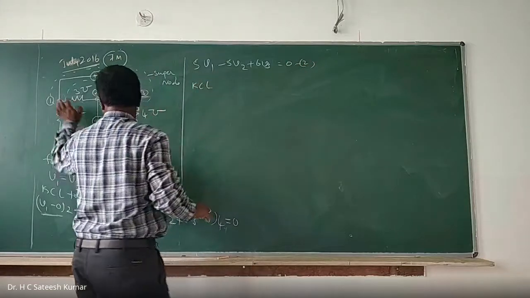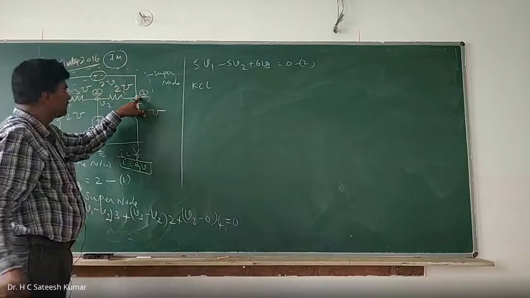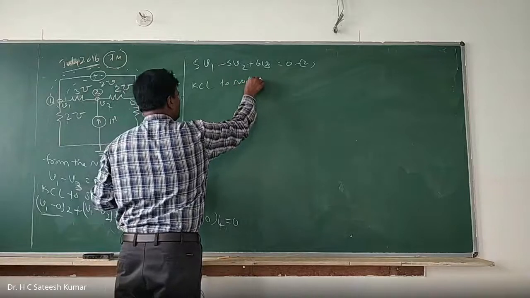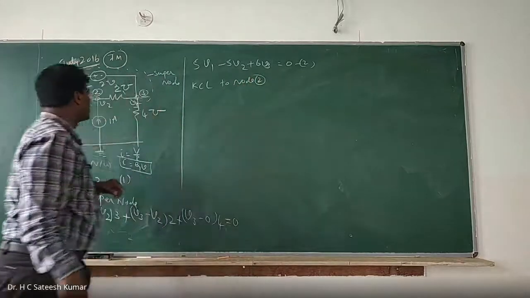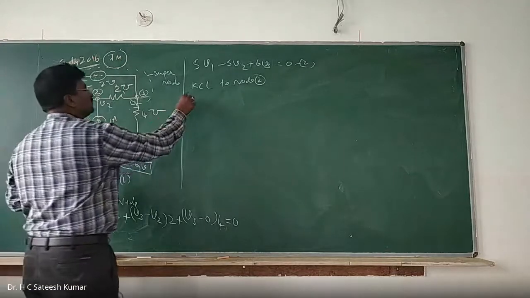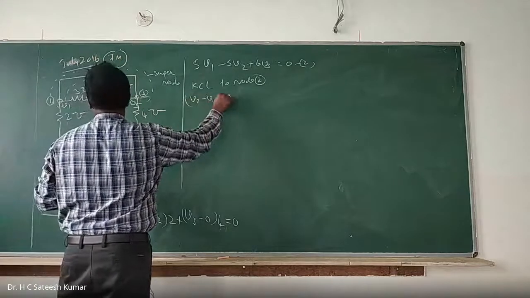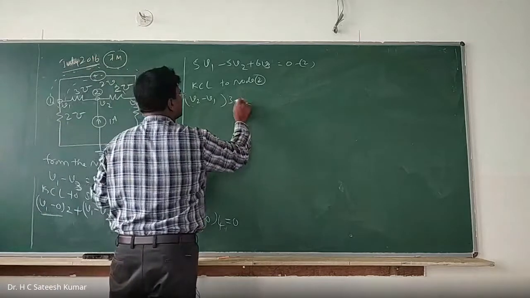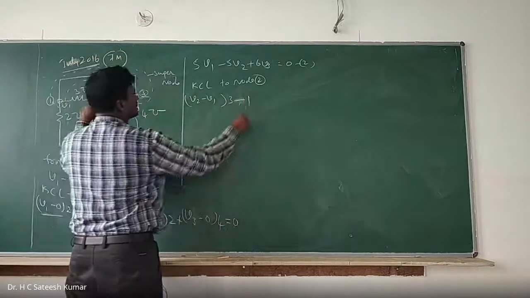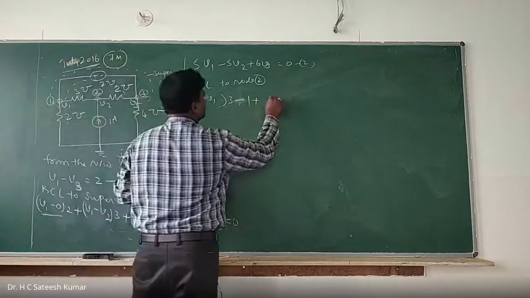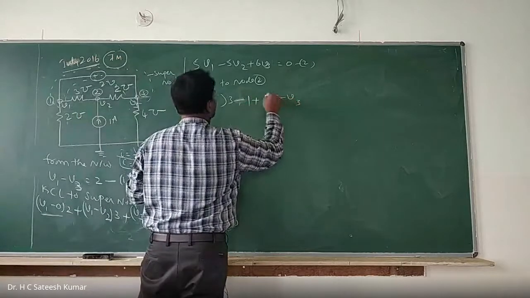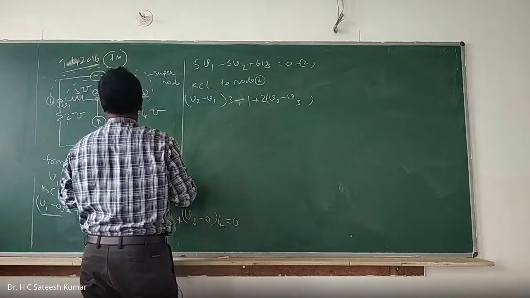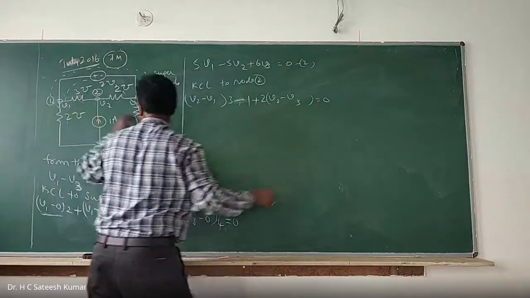Next, KCL at node 2. This one is over, super node concept. Now KCL to node 2. V2 minus V1 into 3, plus current entering, minus 1, plus V2 minus V3 into 2, is equal to 0.